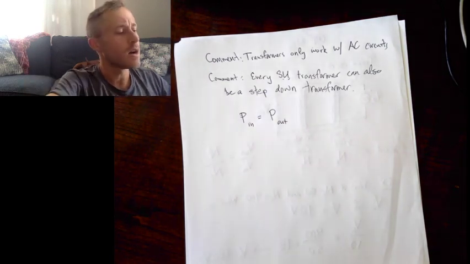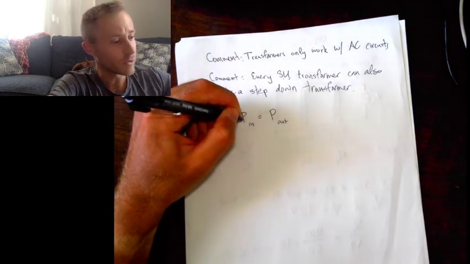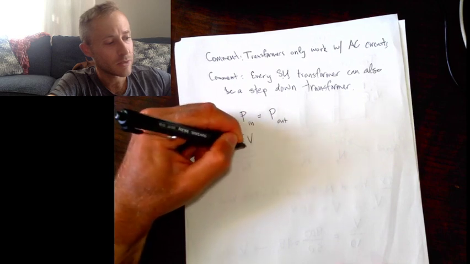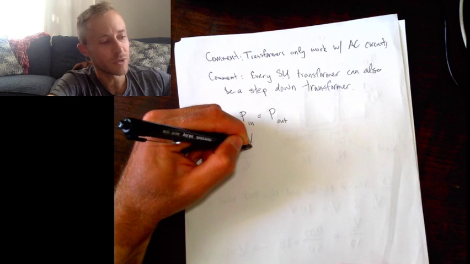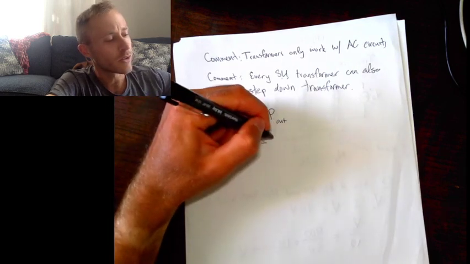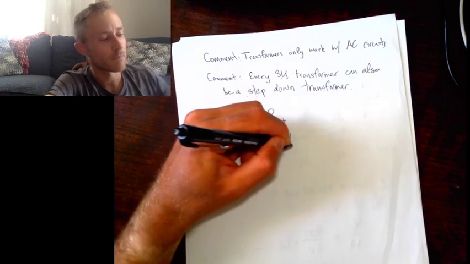Okay? And remember, the formula for power in circuits is I times V. So the current that goes in times the voltage that goes in has to equal the current that goes out times the voltage that goes out.